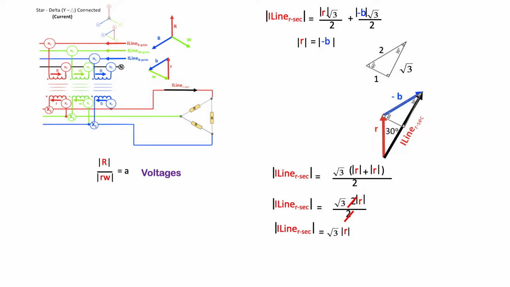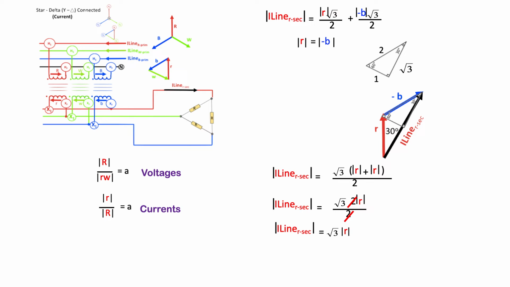So the turns ratio, when we discovered this before, is given by the magnitude R all over the magnitude RW. And the currents then, if you look at our diagram, the currents in the secondary windings over the currents in the primary windings, the magnitudes, also form the turns ratio of the transformer.